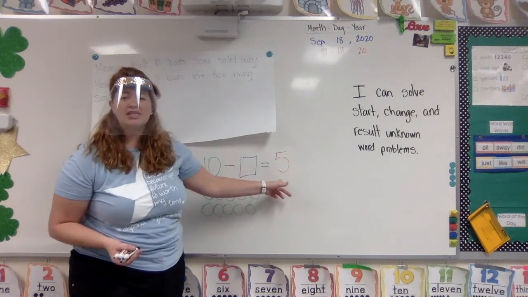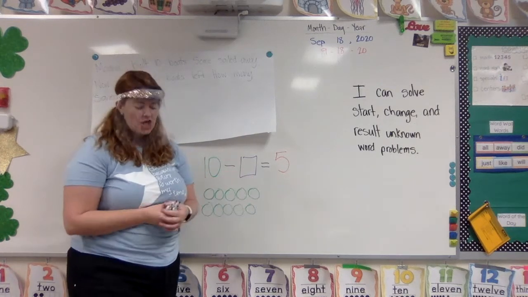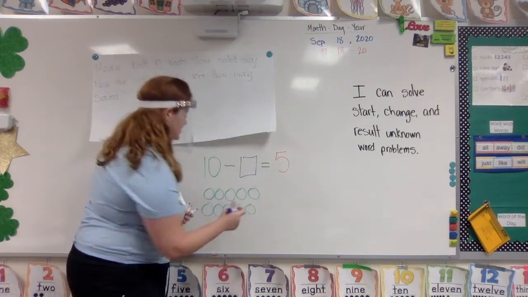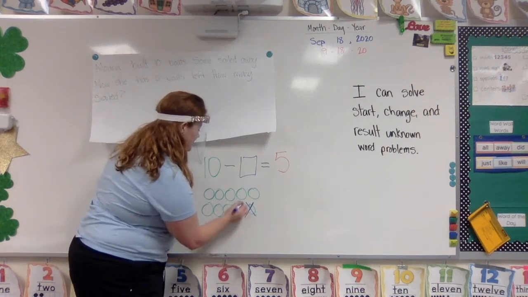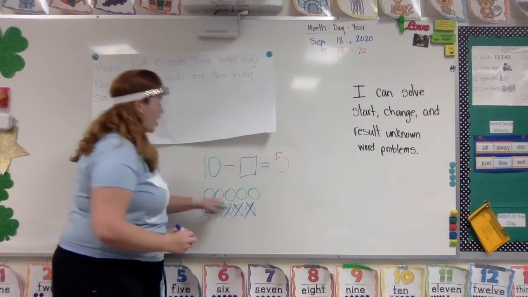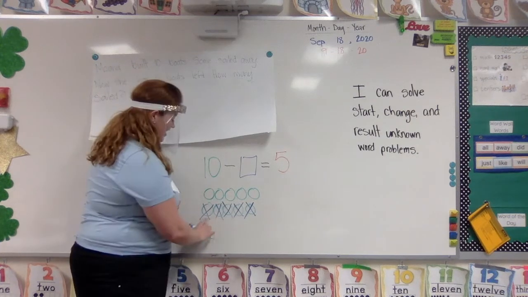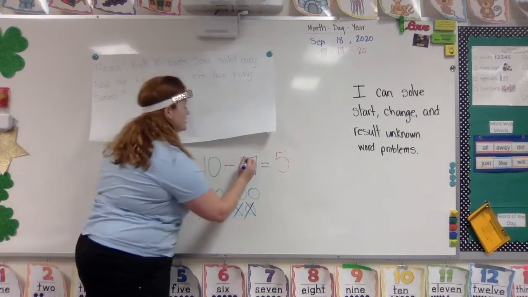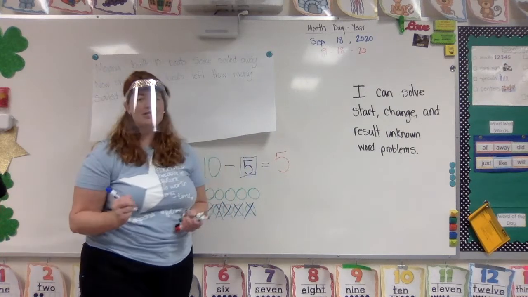But I know she's only supposed to have 5 at the end. So I'm just going to start crossing boats off until I only have 5 left. Let's see, that's 9 left, 8, 7, 6, 5. Okay, I have 5 boats left, and I had to cross 5 boats off. So that must be how many sailed away.